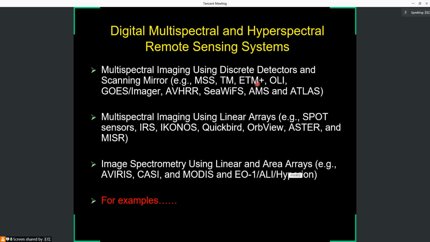For the hyperspectral imager, we use linear and area array detectors. So we give some examples step by step.